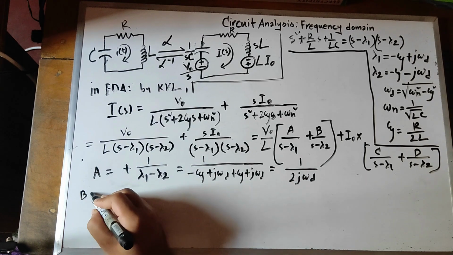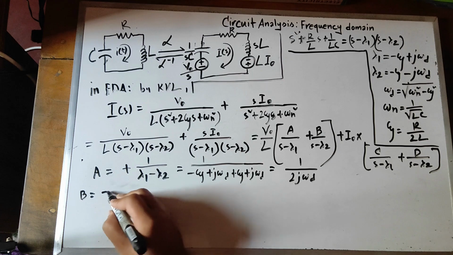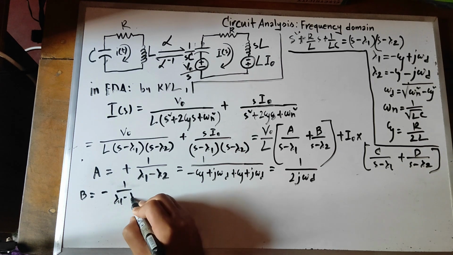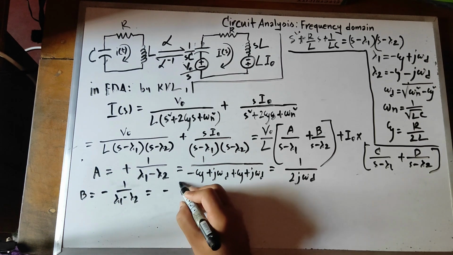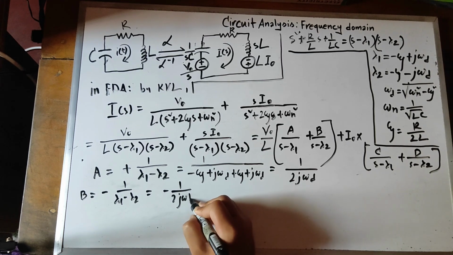And if we find B, it is minus 1 by (lambda 1 minus lambda 2), so it is minus 1 by 2 j omega d.